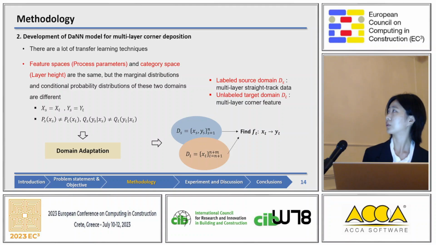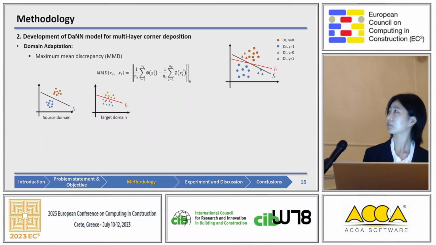Given the labeled source domain data and unlabeled target domain data, we want to find a classifier that can be used on the target domain data. The main part is to find the distance and minimize the distance between the source domain data and target domain data.